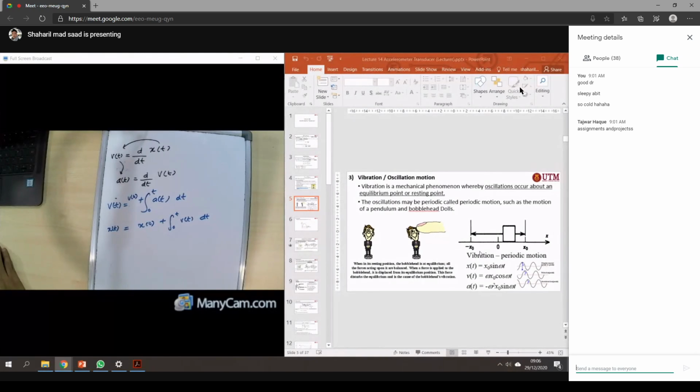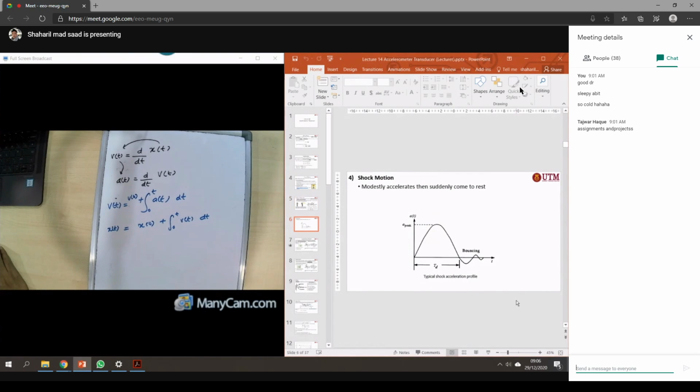This behaves as a sine wave signal, where you have the amplitude and so on. From this displacement you can get the velocity, and with the displacement and time and some frequency, you can also get the acceleration. So this is vibration.